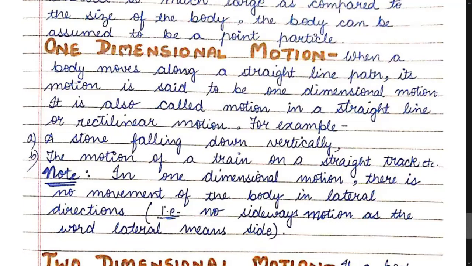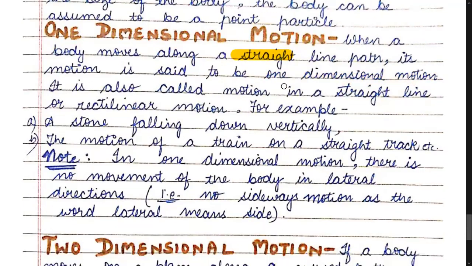When a body moves along a straight line path, its motion is said to be one-dimensional motion. It is also called motion in a straight line or rectilinear motion. For example, a stone falling down vertically and the motion of a train on a straight path or track.